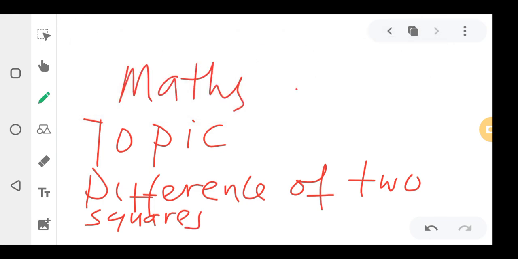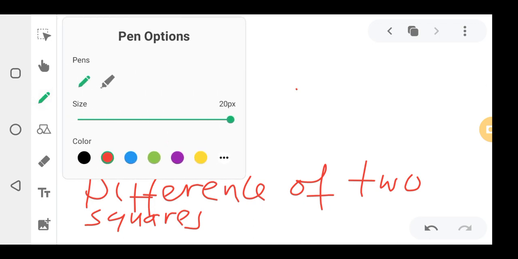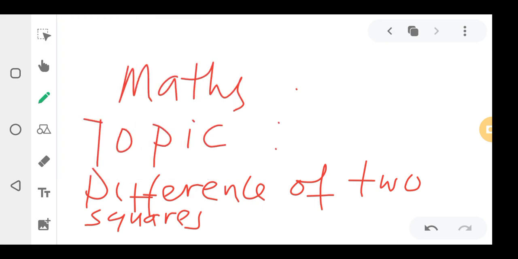We're going to be looking at a topic called difference of two squares. Difference means minus. Okay, so difference of two squares.